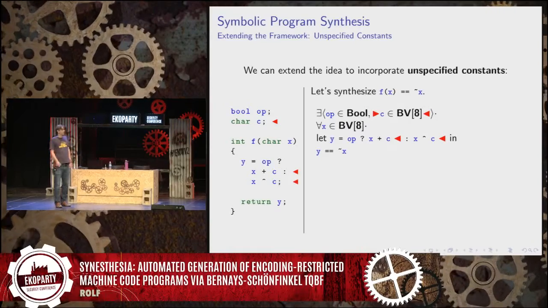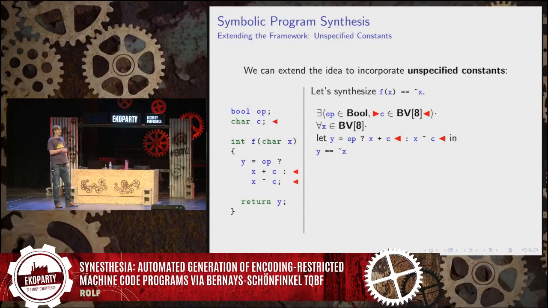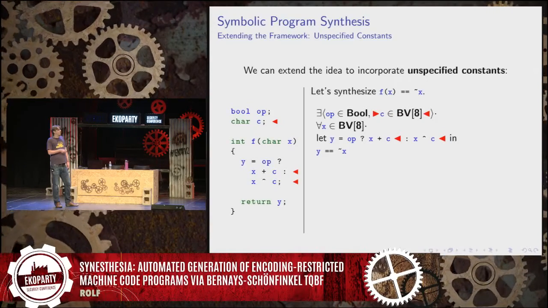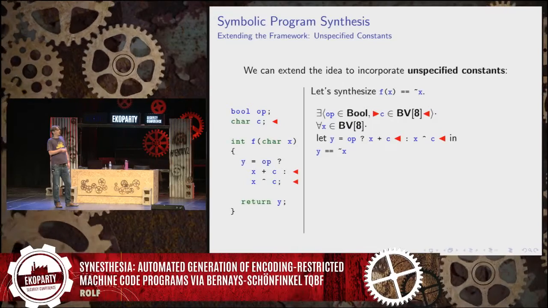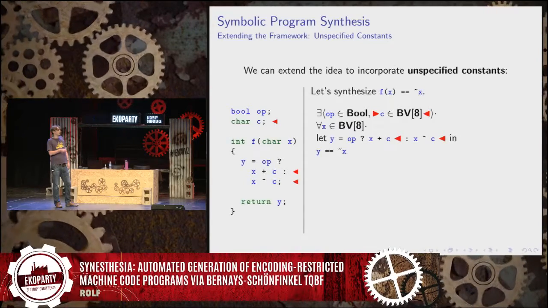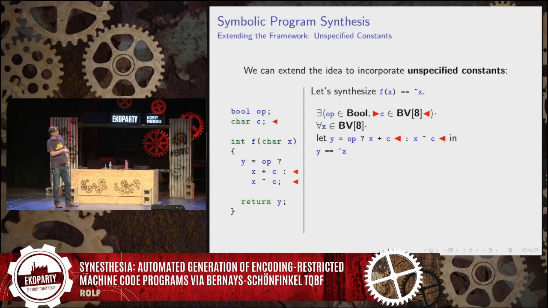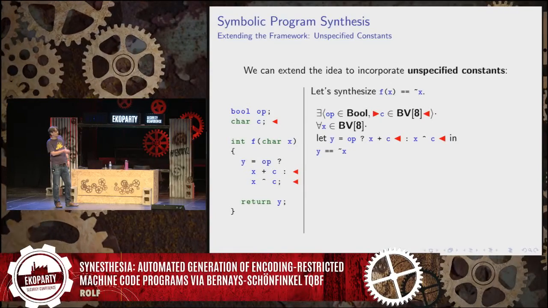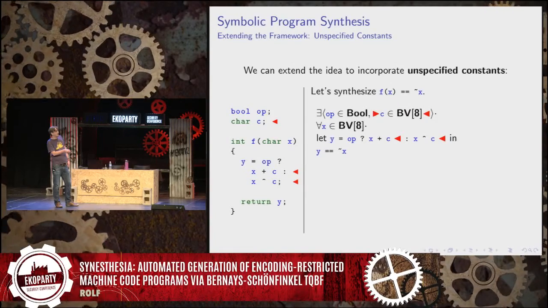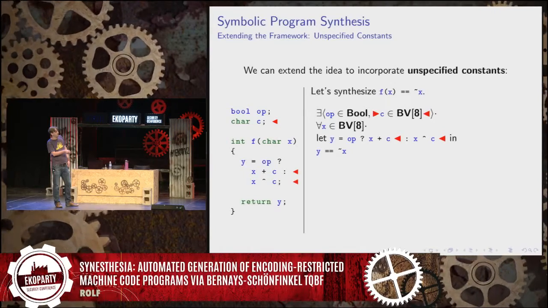If we wanted to use this template to synthesize the formula, say, not x, when we solve, we're going to need a value for op, and we're also going to need a value for c. So the character c is going to be one of our components, and that's going to be used in the component term, and it's also going to be used in the program term.